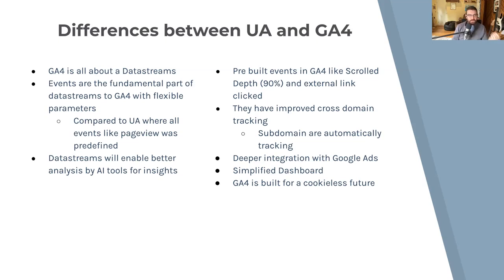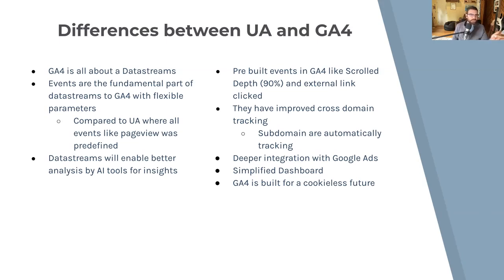And those events are going to have these flexible parameters. So the event has these features about it. That could be, if it's their first time, where are they coming from? Are they coming from Google Organic? Are they coming from our Facebook ad? That's a bit of data that's getting added to it so that later on, the data streams can be put through Google's insights and intelligence.